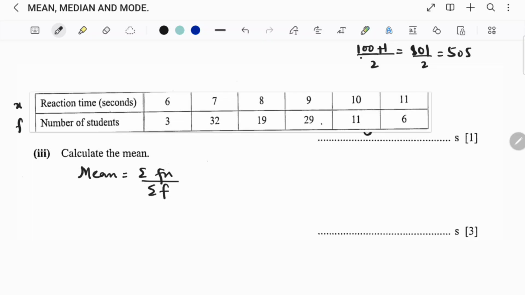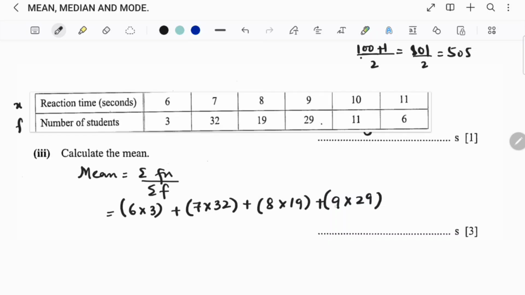Multiply them together. You can make it in a table also if you want. So that is 6 into 3, plus 7 into 32, plus 8 into 19, plus 9 into 29, plus 10 into 11, plus 11 into 6.